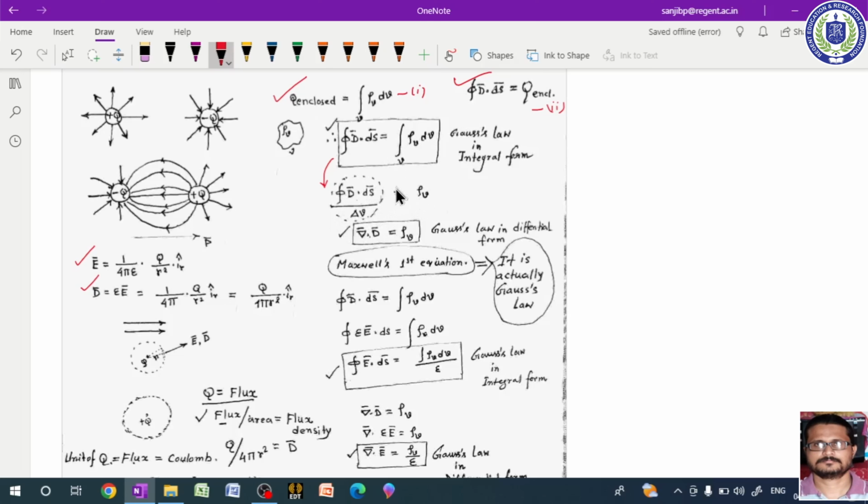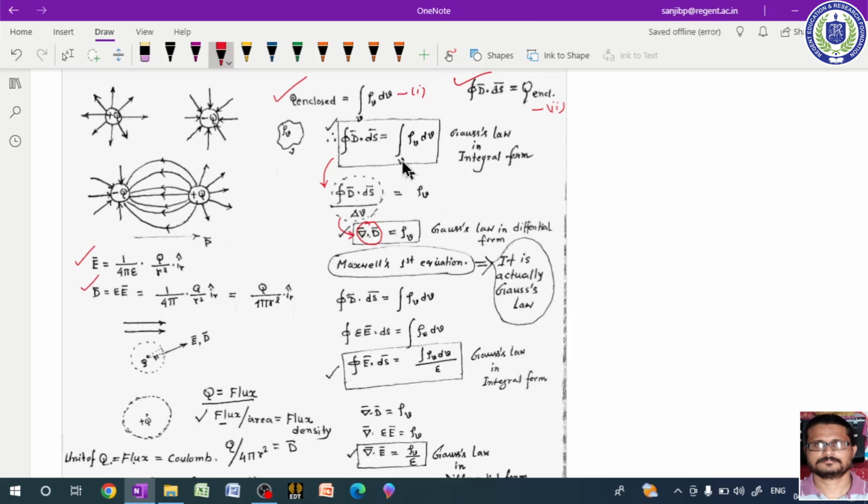Now remember this portion is actually the representation of divergence. This is called the divergence, the short form, and you just copy rho v. This will be the differential form of Gauss's law.